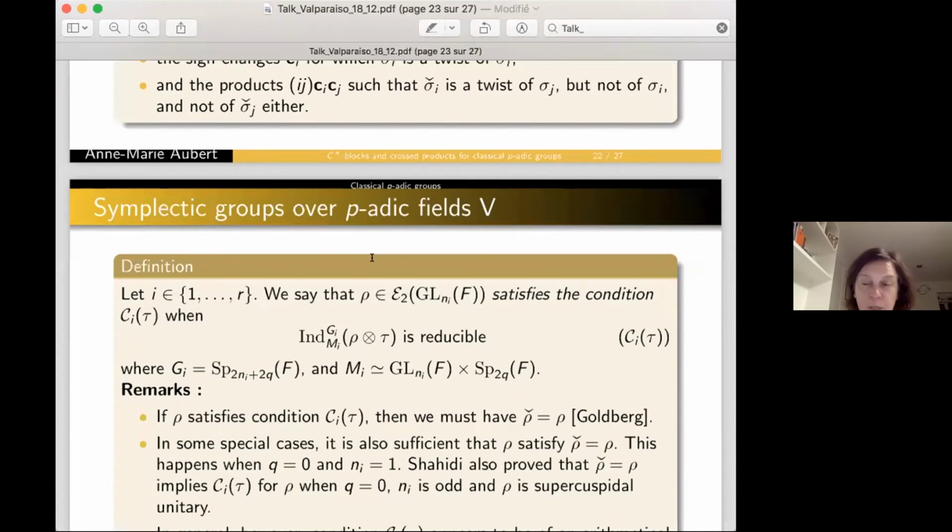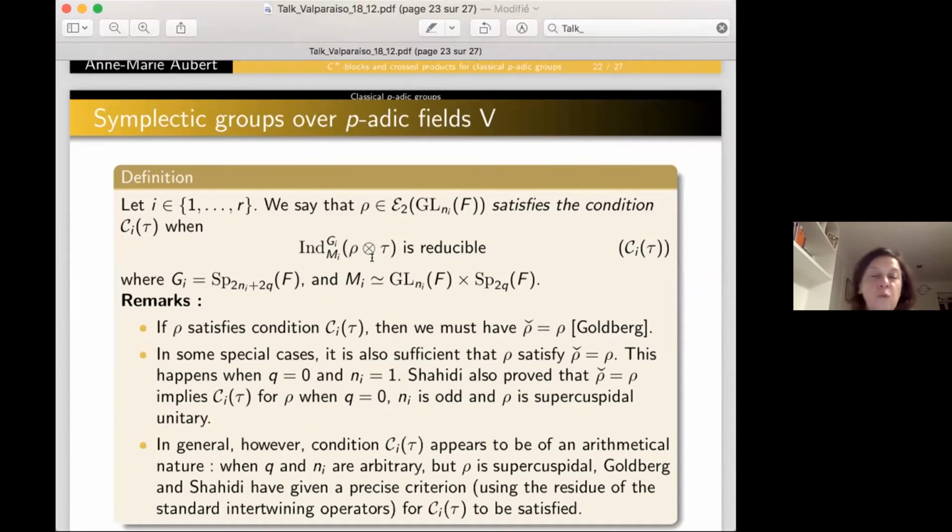And so we have two things that some of you know very well. Consider the special case where the Levi is maximal. So it's a product of two blocks in the group G_i, which is given by two other blocks. And we will say that the representation rho of GL_{2n_i} satisfies a certain condition C_i2 if when you induce the representation from M_i of a tensor product sigma tensor sigma, this representation is reducible.